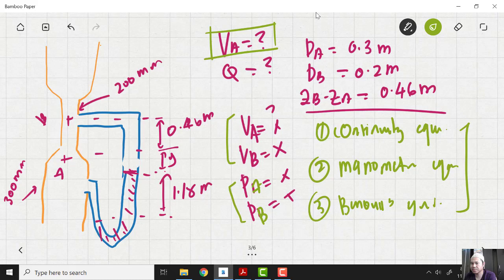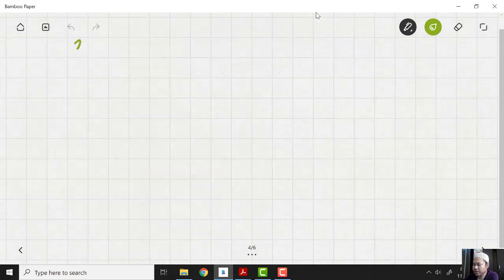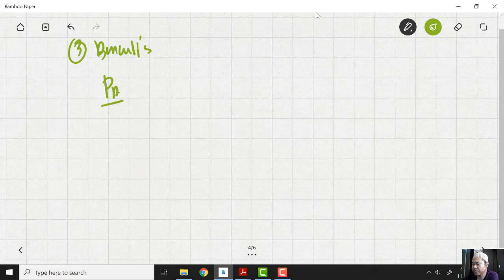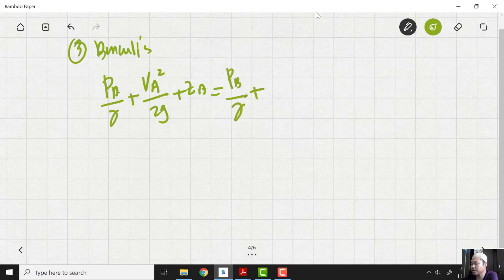So let us solve this problem. First of all, let's write the Bernoulli equation. PA over gamma plus VA square over 2g plus ZA equal to PB over gamma plus VB square over 2g plus ZB.